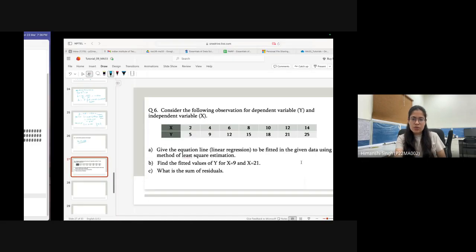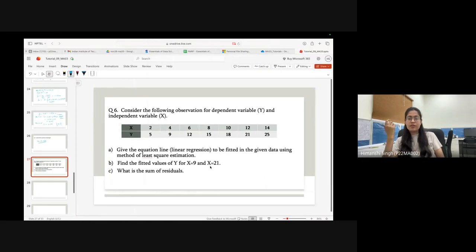Fine. So in the question it is asked to give the equation of the line which is to be fitted to the given data using the method of least squares estimation. The same thing which we have done for the previous one, we have to do for this also.